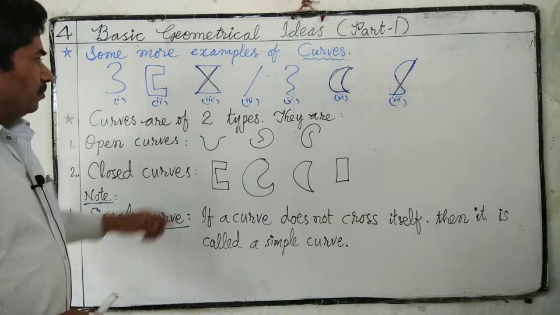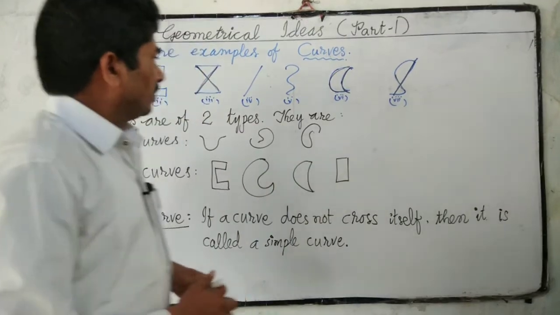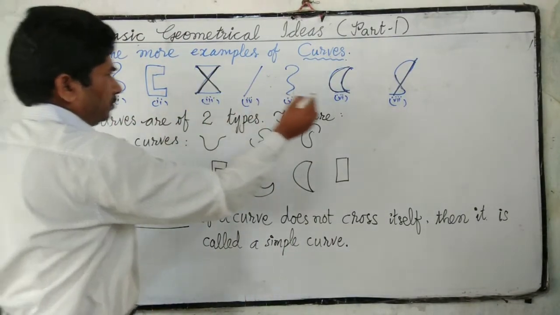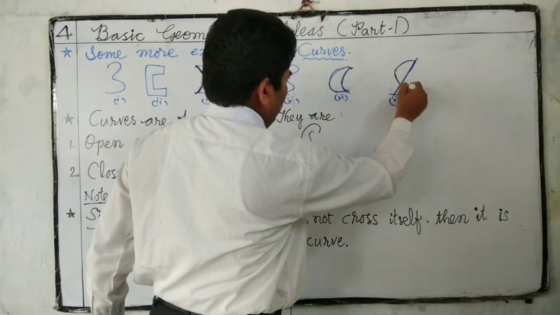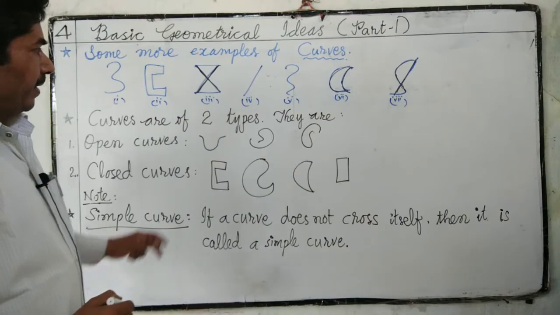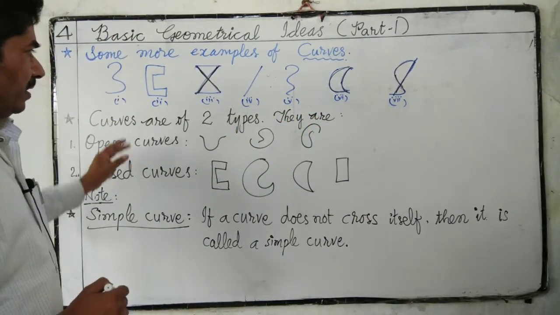Let us observe third and seventh. They intersect themselves. Except these two figures, they don't intersect themselves.